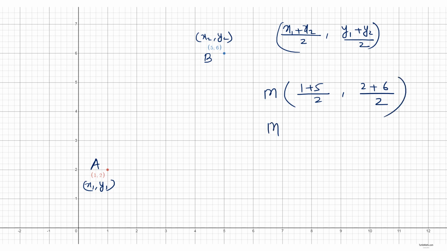Here we have our M as 6 over 2 comma 8 over 2, and hence the coordinate of M will be 6 divided by 2, that is 3, and 8 divided by 2, that is 4. So 3 comma 4. So the midpoint of these 2 points in 2D is 3 comma 4. Easy, right? Now let's challenge our brains a bit with a 3D example.